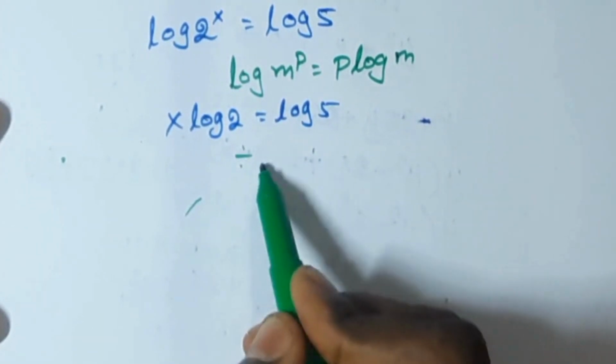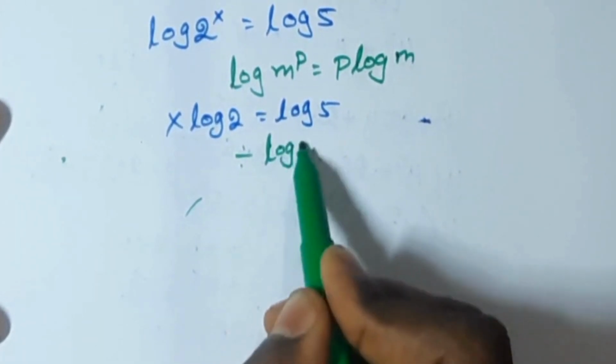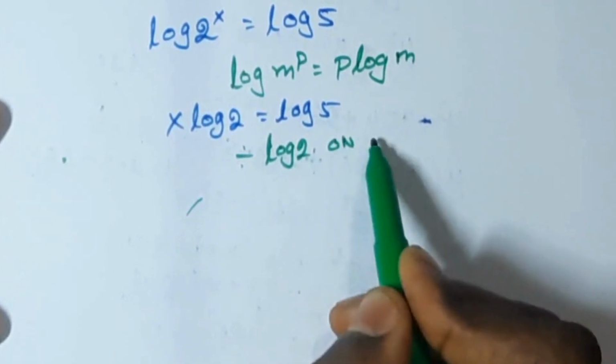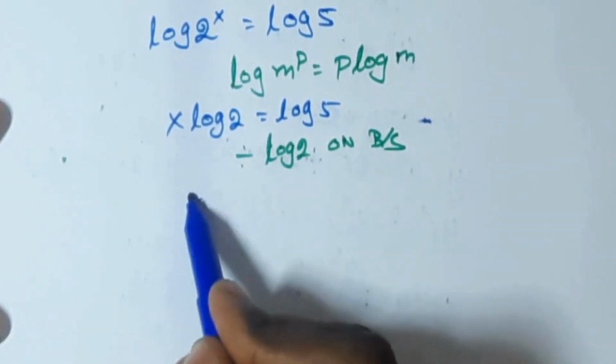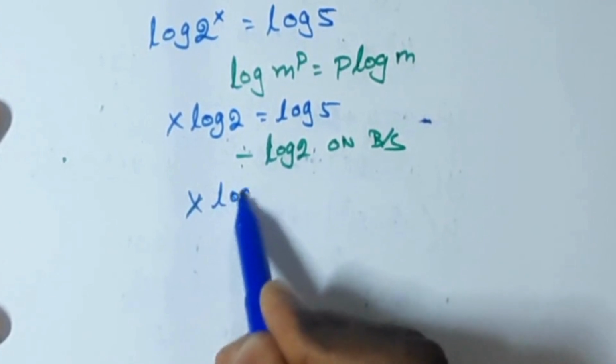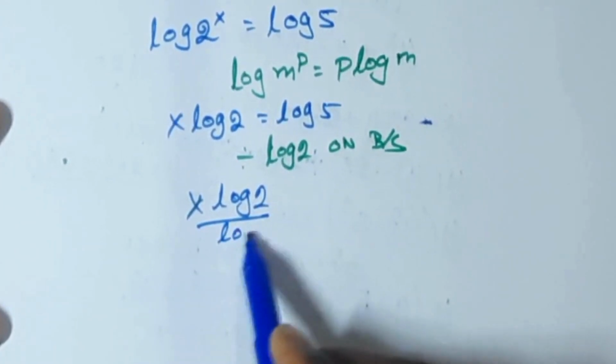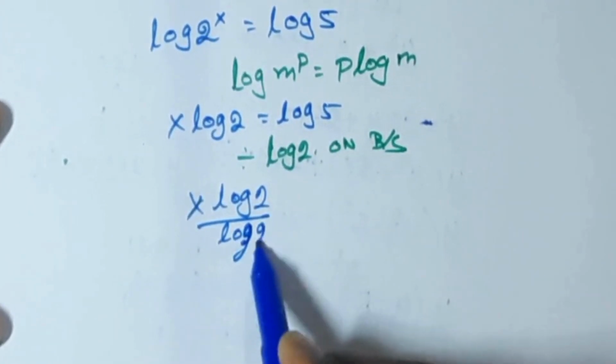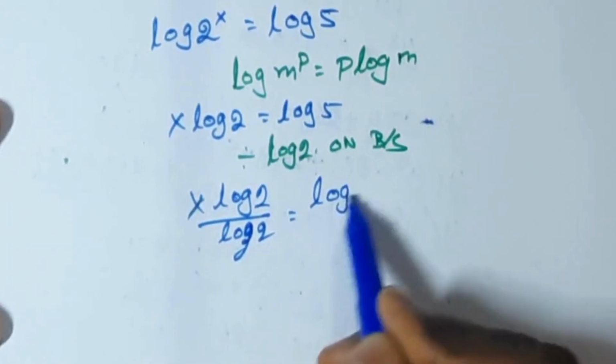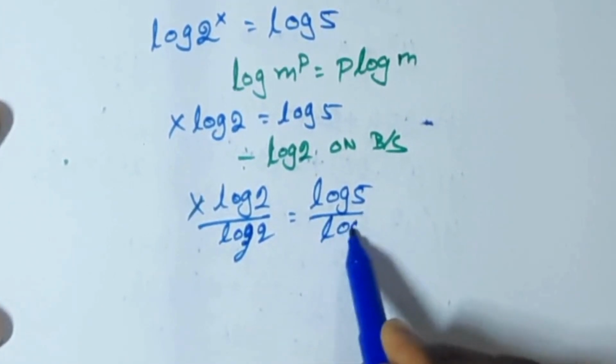So divide log 2 on both sides. X log 2 by log 2 equal to log 5 by log 2.